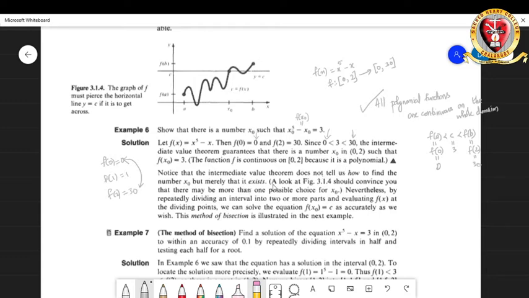So this intermediate value theorem is not telling us how to find the number x naught, but it essentially helps us to guarantee the existence of such a number x naught.